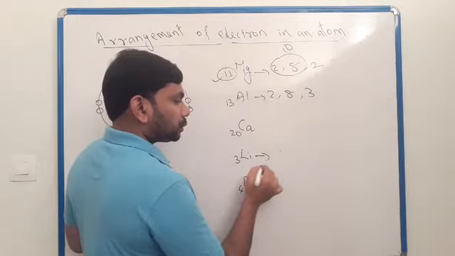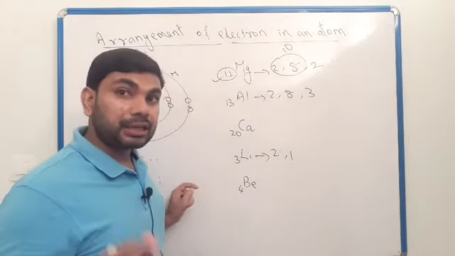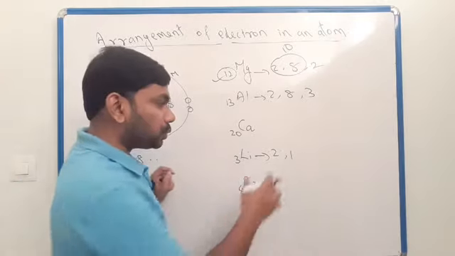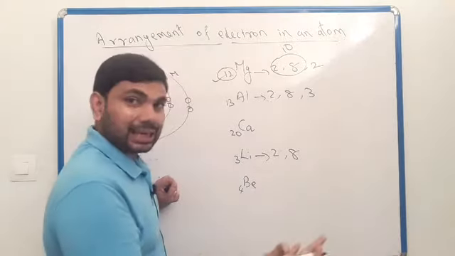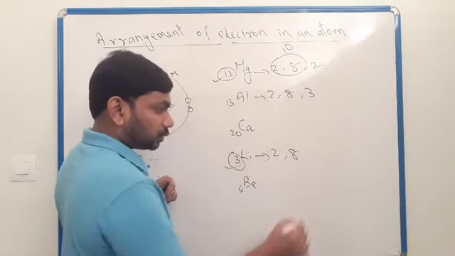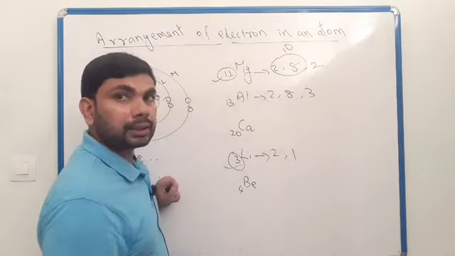Similarly here 2, 1: lithium atomic number 3, 3 electrons, 2, 1. Do not write 2, 8 here, because 2, 8 means 10 electrons. Lithium has only 3 electrons, so you have to write 2, 1.